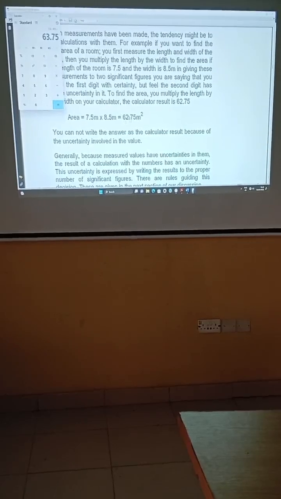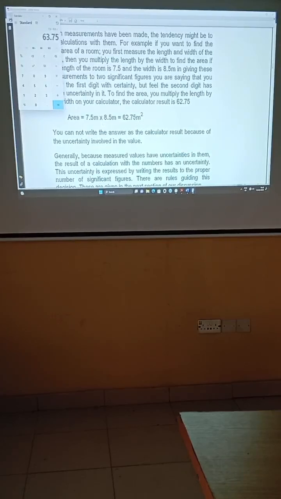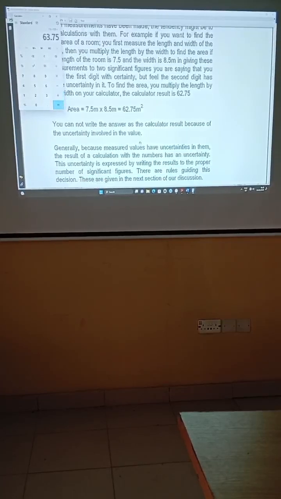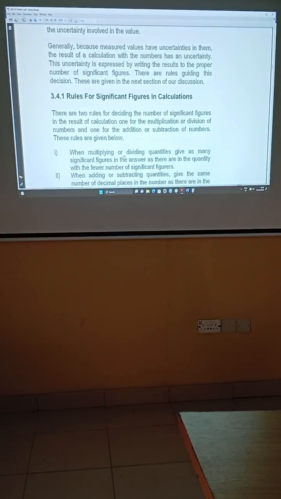So there's also an error in our module. So it should be 63.75 meter square. It said you cannot write the answer as calculator result because of the uncertainty involved in the value. We'll throw more light on that subsequently as we go ahead.